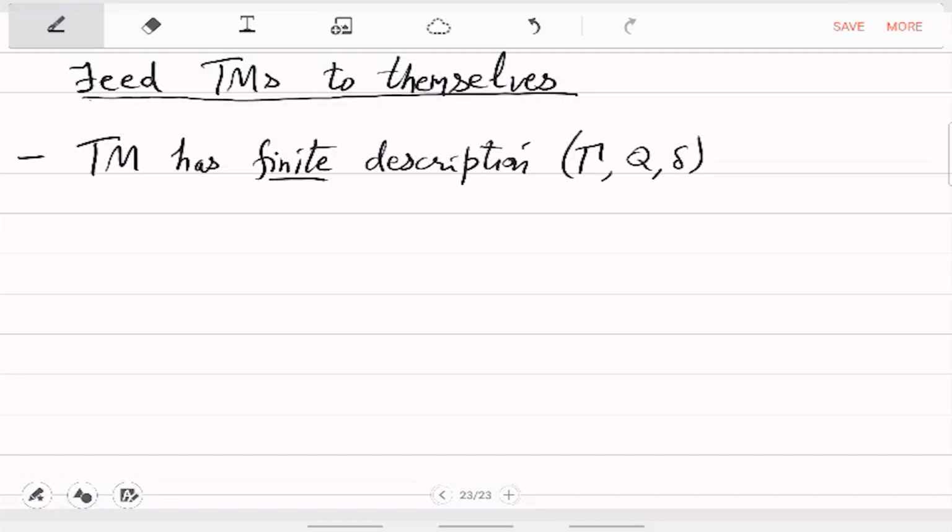It's so completely finite. I mean, by definition, it is finite. So you can think of giving that picture to a Turing machine, right? So we can encode it as a Boolean string.